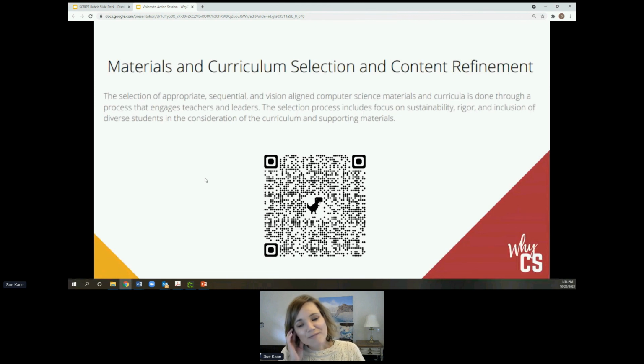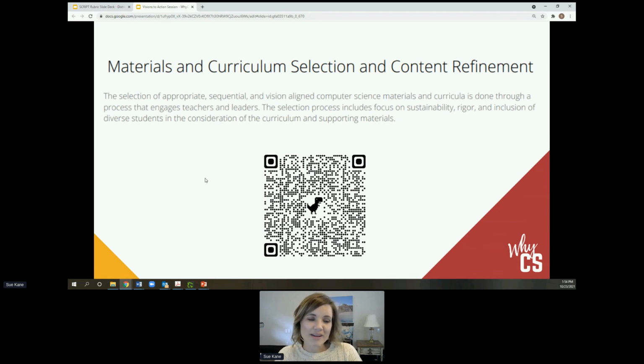I have a few more resource slides that I wanted to show you. These are for when I mentioned that you'll go through the rubric for the materials and curriculum selection. What I put on this page is a QR code that takes you to the archive that CS for All out of New York has put together of different materials and curriculum selection opportunities.